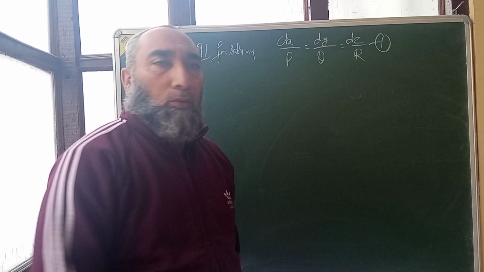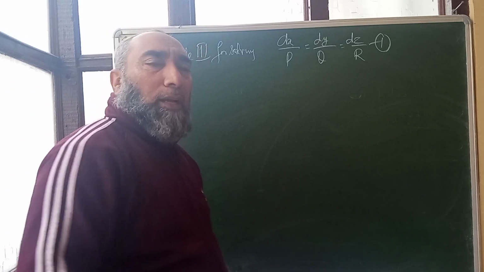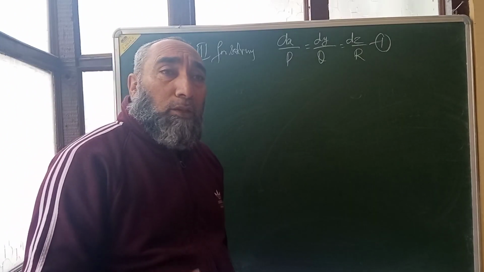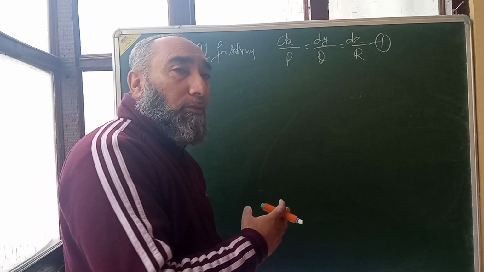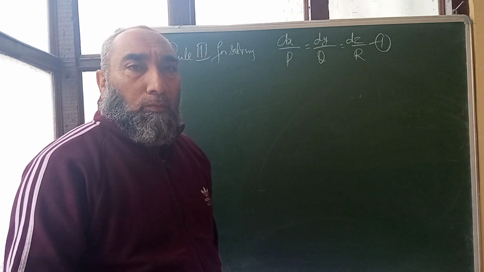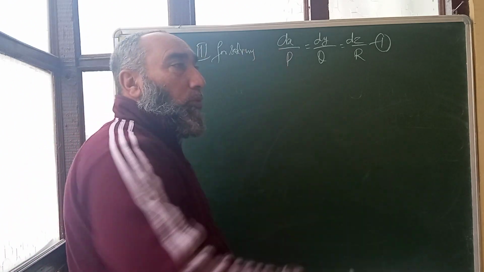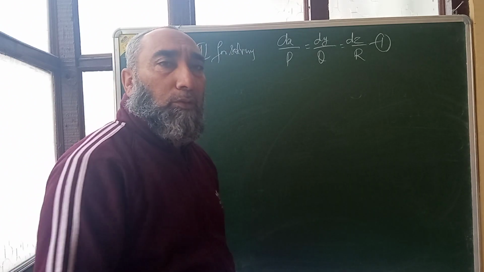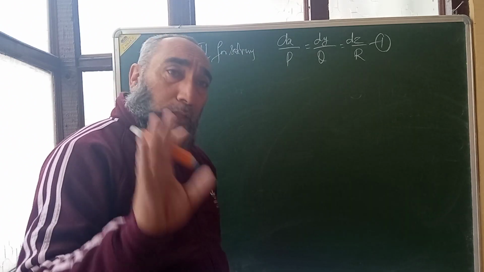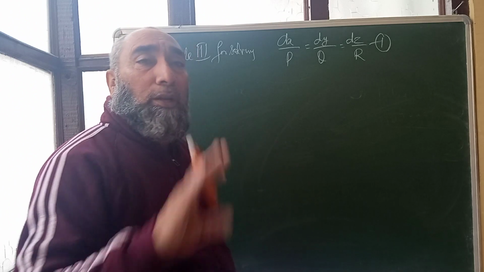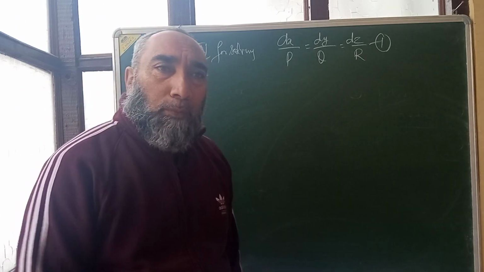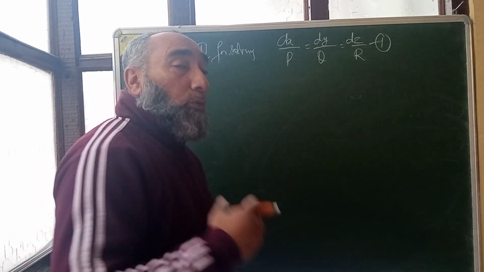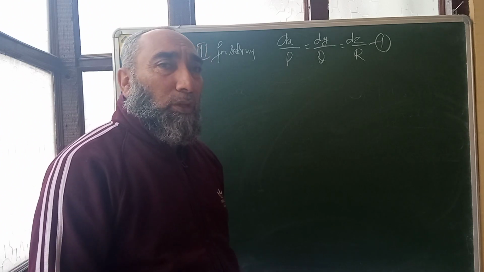Now what is rule third? Rule third is that suppose you are not able to find a solution by using rule 1 and rule 2. Then we use rule 3. Or suppose that I am able to find a solution by using rule 1, but I am not able to use that solution.